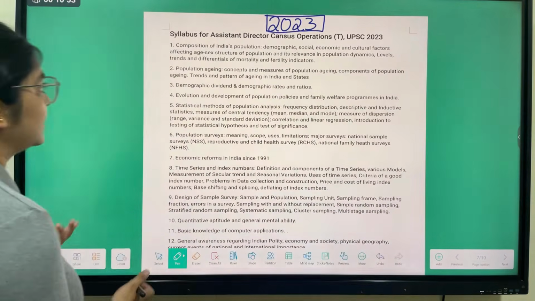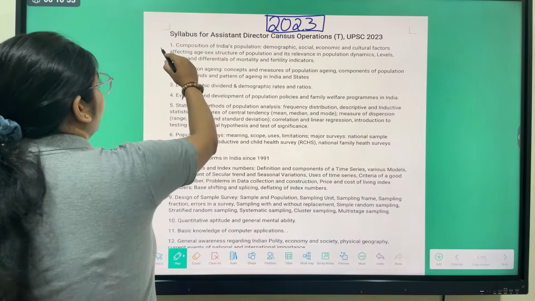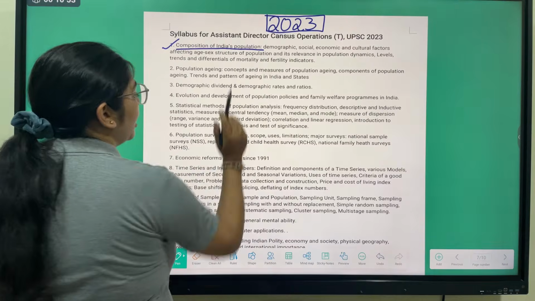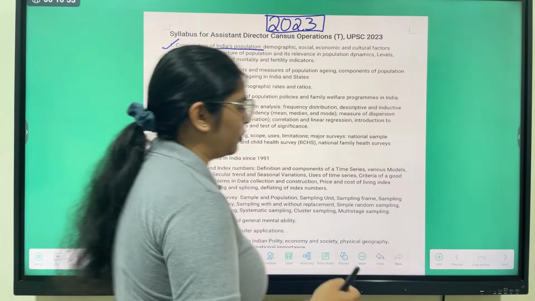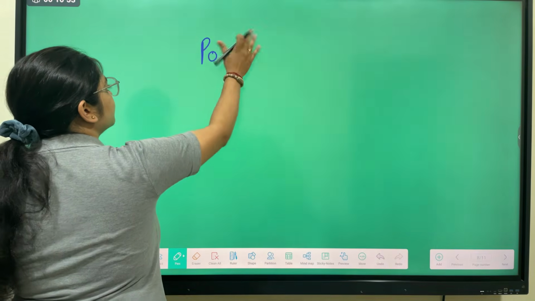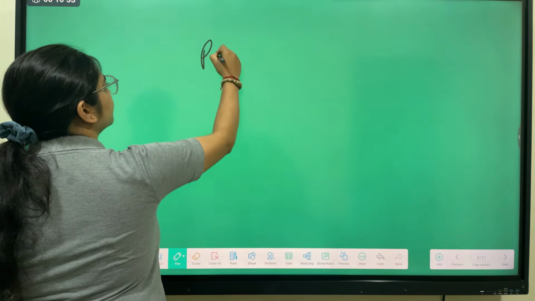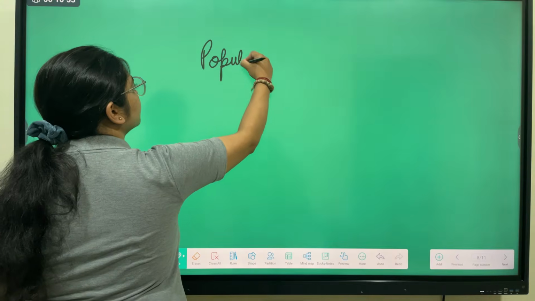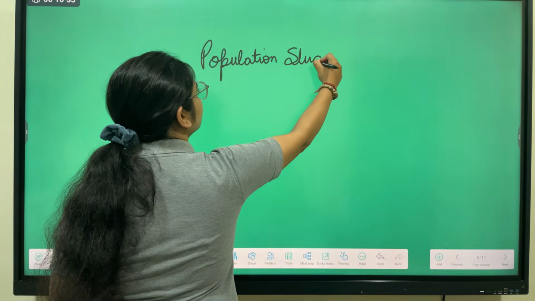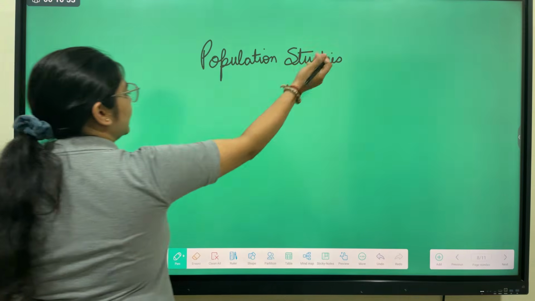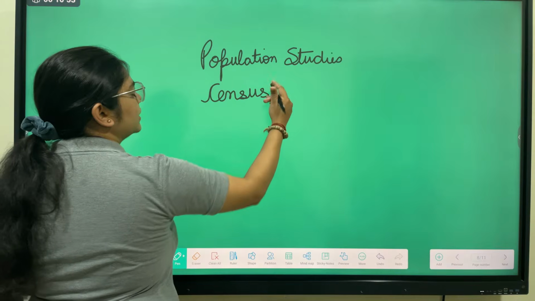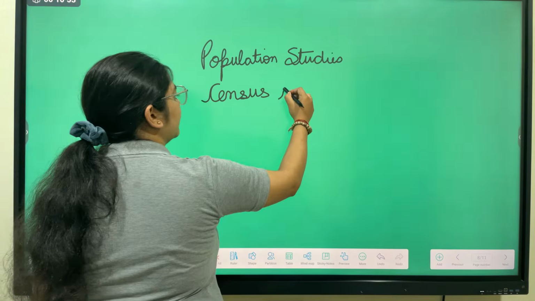So, what does this syllabus tell us? The first point of the syllabus is composition of Indian population. The three most important points to keep in mind are population studies, broadly classified, then census, all the types of census in India.